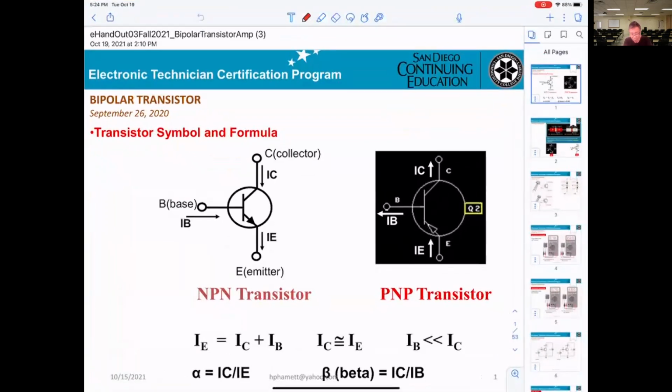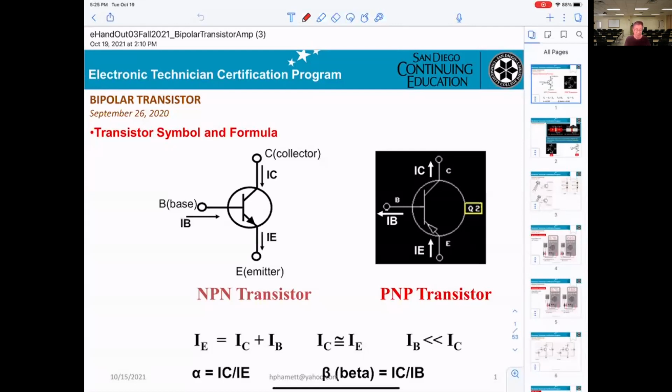Okay, so we already finished the first part, the DC bias for the NPN and the PNP transistor. And for the AC, we completely finished the common emitter CE amplifier, with too many details.